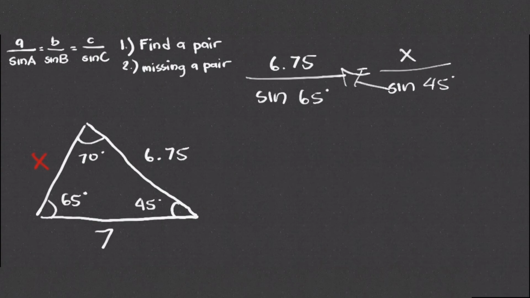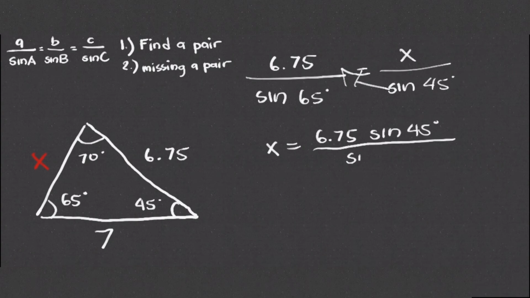So you cross multiply the sine 45 degrees to the 6.75. Therefore, x is equal to 6.75 times sine 45 degrees over sine 65 degrees. So therefore, the value of the x is 5.27.